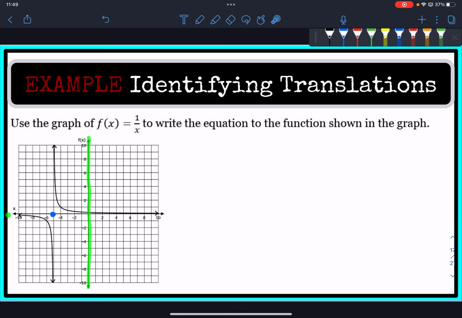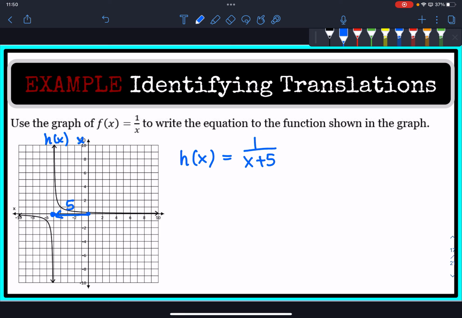And because it's a horizontal shift, that's going to affect the x coordinate and not the entire function itself, not the output values, but only the input values. So we're going to write that h of x, the transformation of this function, is equal to 1 over x plus 5, since we're sliding it to the left.